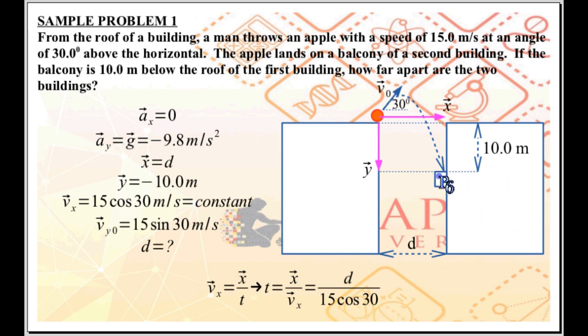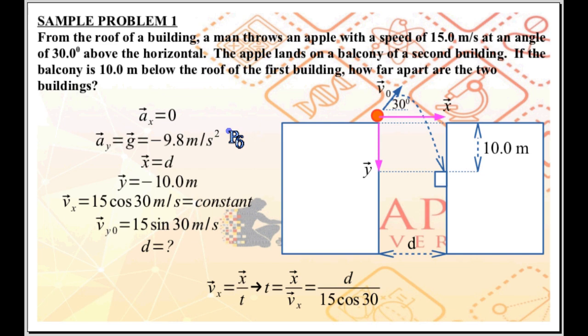The balcony is 10 meters below the roof of the first building. Determine the distance d between the two buildings. First things first, divide the motion of the projectile into x and y components.